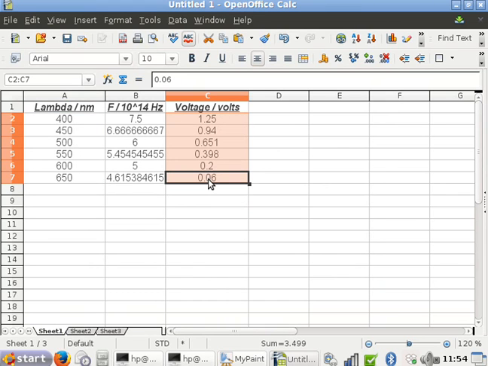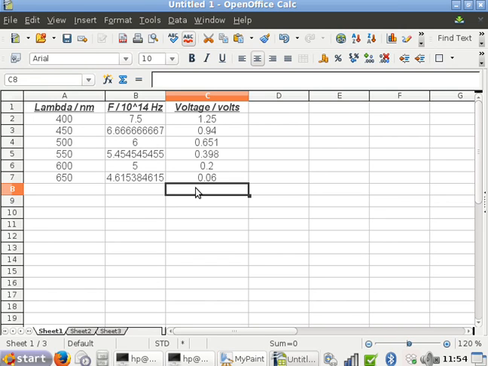It decreases. So it doesn't make any sense here to have negative voltage, because then that means instead of stopping the electron, you're helping it or something. So anyway, really the smallest voltage here is 0.